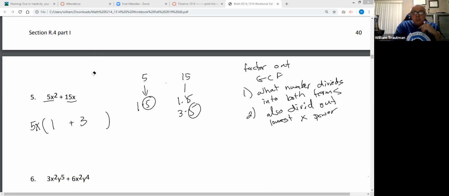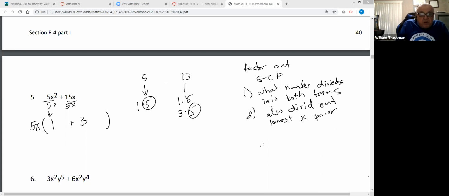You first find the number that divides out of all terms, and then you find the lowest x power. It could be y, it could be z. If there's more than 1 letter, you take both letters out if you can. On the outside I have 5x, so I'm putting 5x underneath both of these. 5 divided by 5 is 1.